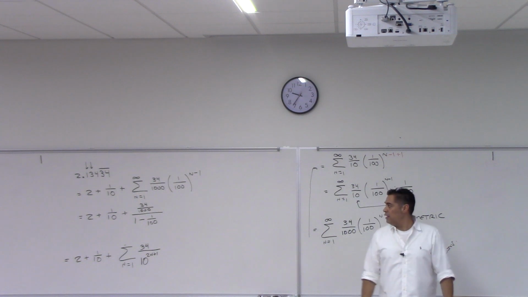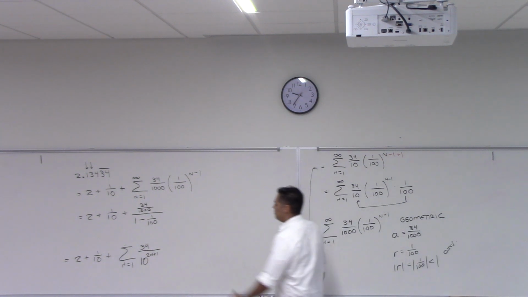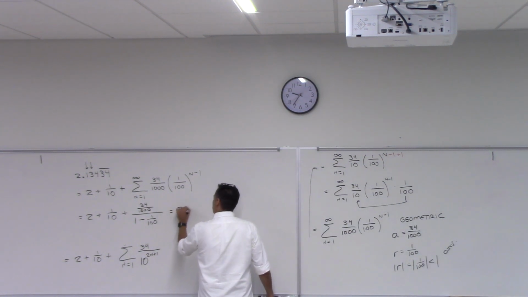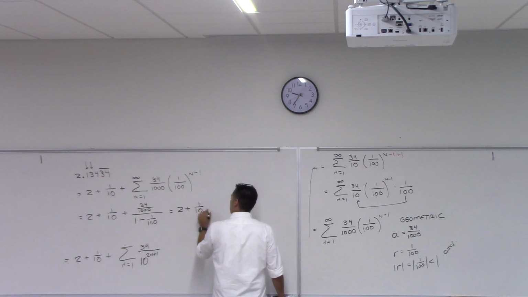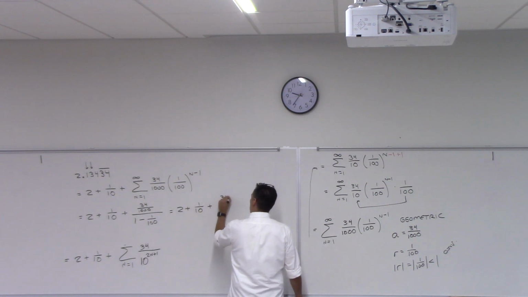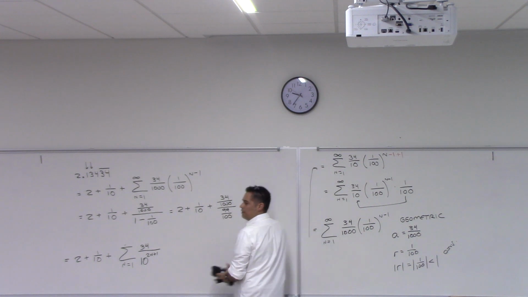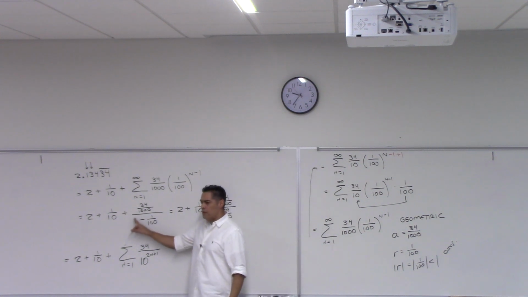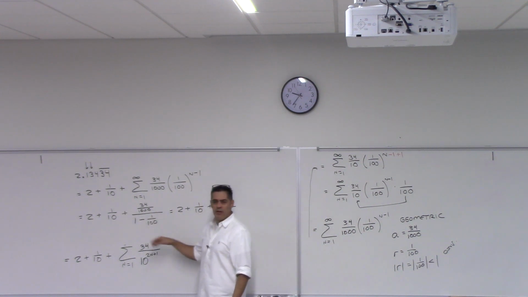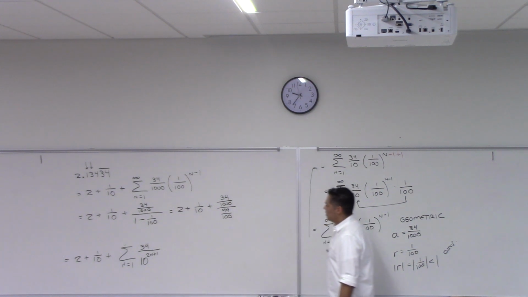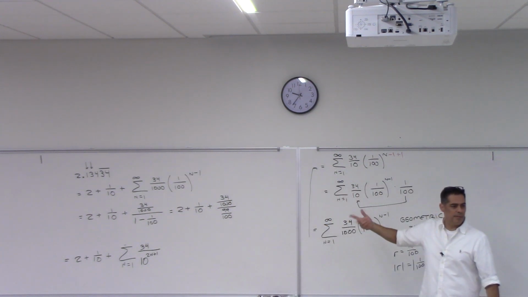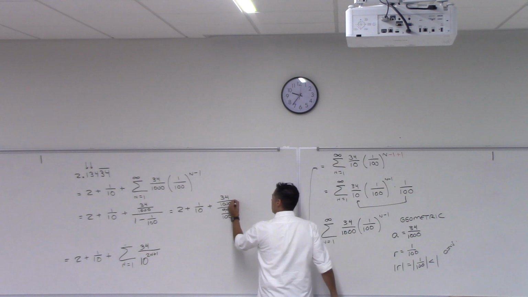And now I'm just going to clean up that complex fraction here. This is going to be 2 plus 1/10 plus 34 over 1,000 over 99 over 100. You rewrite this 1 as 100 over 100, then subtract 1 over 100, you get 99 over 100. And then flip. When I flip it, I get 100 up here, I get 99 down here.